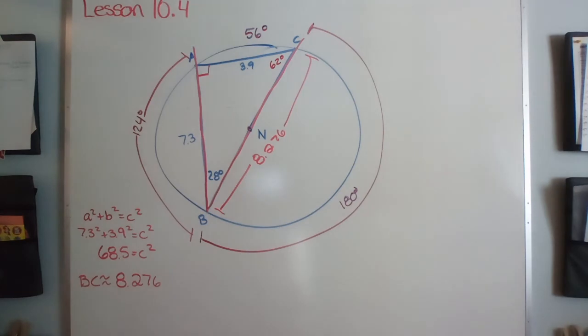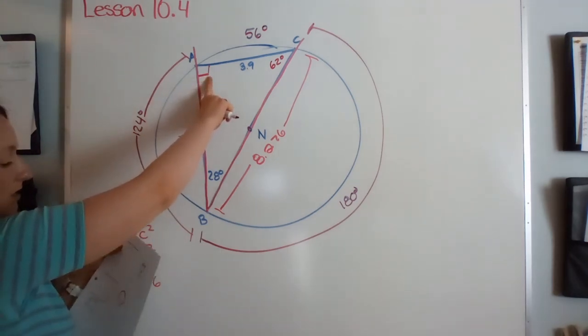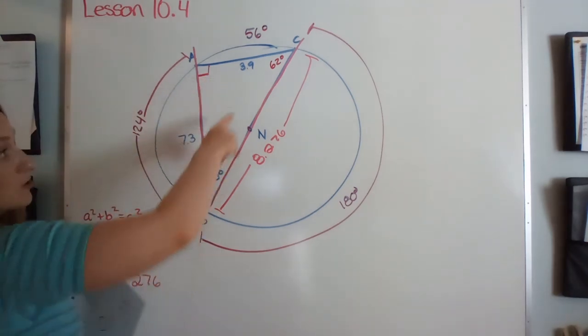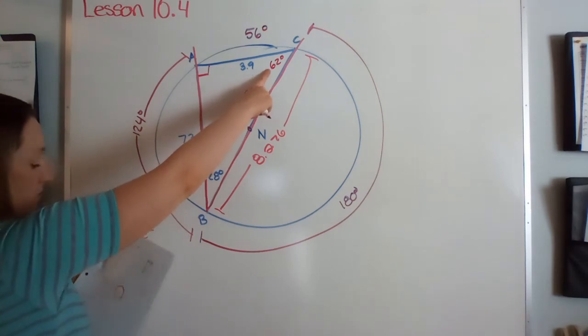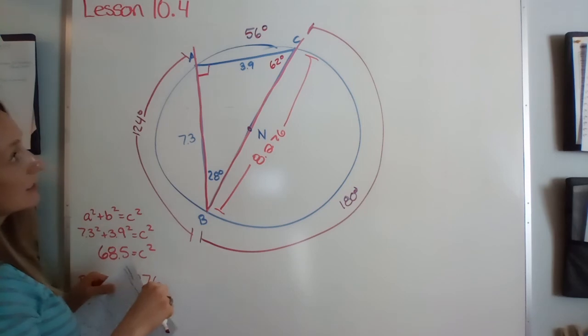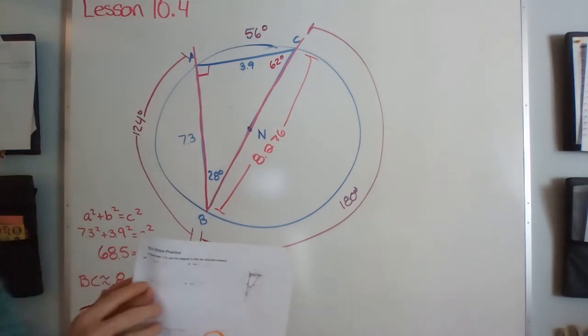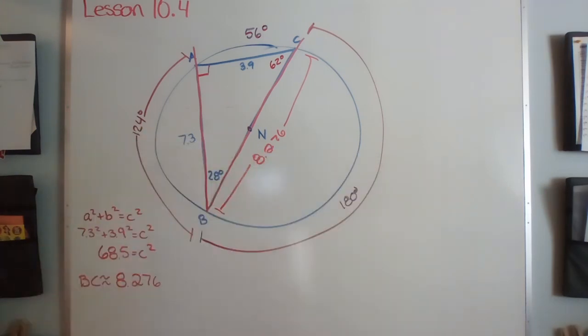Okay, so now that I have everything marked up, answering the questions is going to be easy. The first question says, what is the measurement of angle A? Well, now I know it's 90. Question 2 says, what's the measurement of angle C? 62 degrees. Number 3, what's the length of BC?